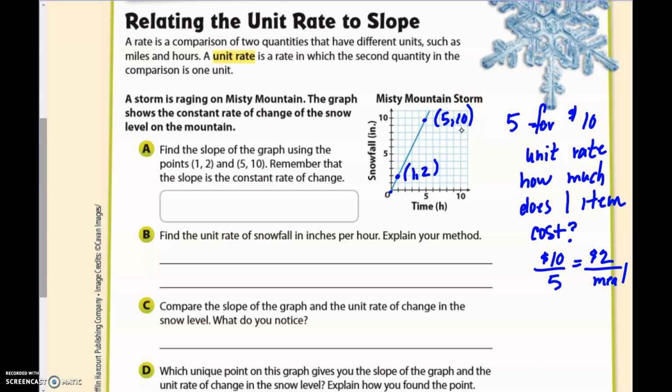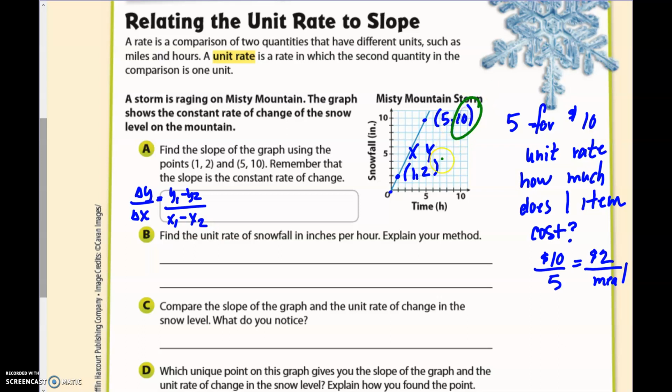Now they want us to find the slope here. So remember slope, I'm going to find the change in y over the change in x, which means I'm going to take my 2 y values and subtract them, and I'm going to take my 2 x values and subtract them. Remember when we write ordered pairs, it's always x, y, so that y value is second.